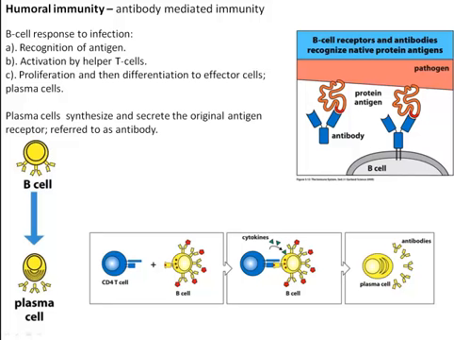And once the appropriate activation event takes place in collaboration with the appropriate helper T cells that are responding to the same pathogen, the B cell will proliferate and then differentiate into effector cells that will secrete the original antigen receptor, now termed an antibody, because it's directed against another body or directed against the pathogen.